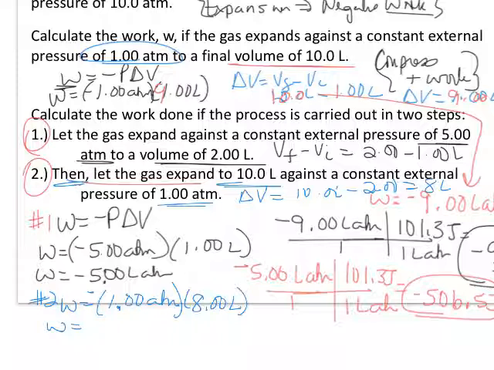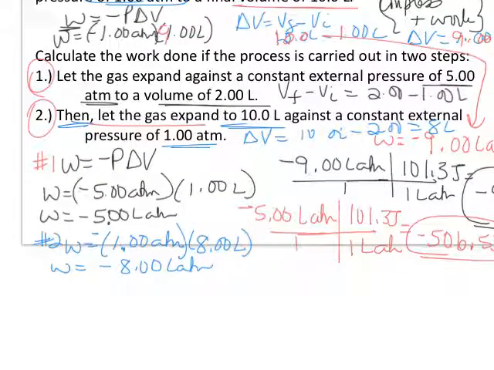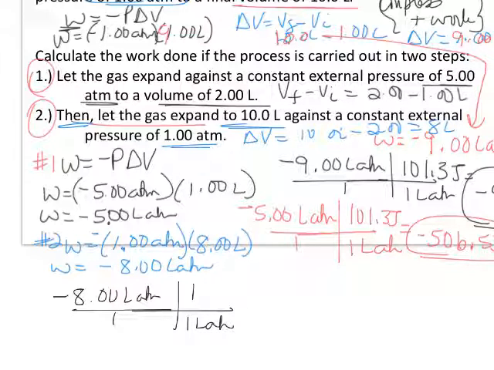This ends up being work equals negative 8.00 liters times atmosphere. And if we convert this using 1 liter atmosphere equals 101.3 joules, we get negative 8 times 101.3. Once again, the negative's there because it's expanding and giving off heat to the atmosphere, the surroundings.